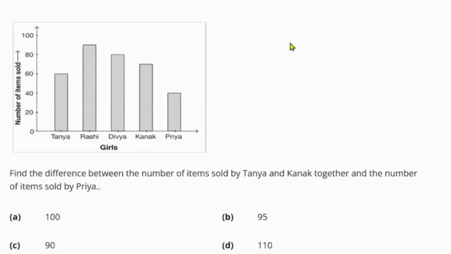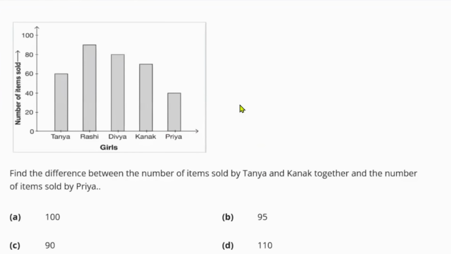Next question. Find the difference. A bar graph is given here. We have to find the difference between the number of items sold by Tanya and Komal together and the number of items sold by Priya. Tanya is 60, and Komal is like 70.